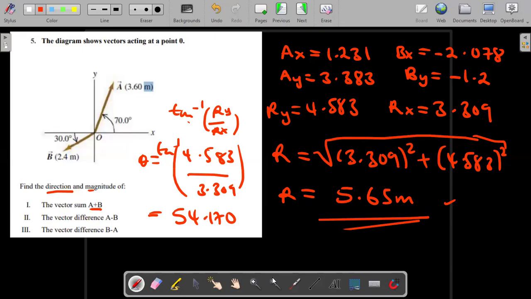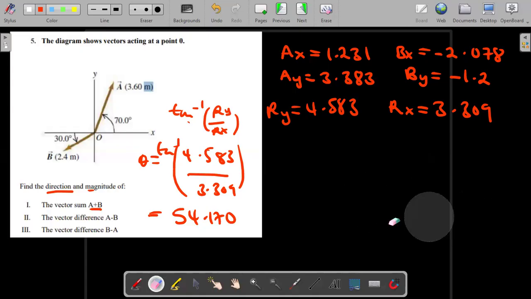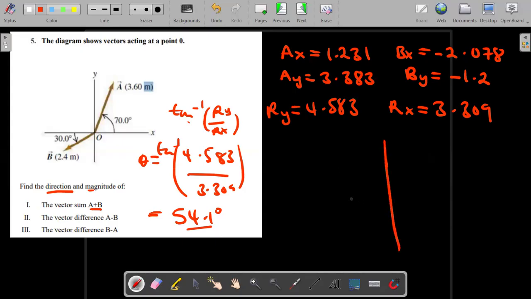So let me draw my vector. I can round it off further to the nearest decimal place, which is 54.1 degrees. Drawing out the vector, I have my x and my y.